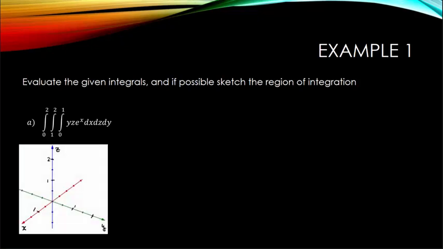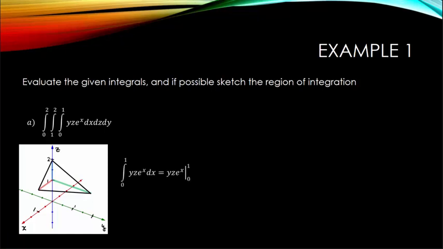I'm going to set up my coordinate axes with the points x equals 1, y equals 1, and z equals 1 and 2 marked on the axes, and then I'm going to plot a line from z equals 1 to 2 along the z-axis, and then from the bottom of that I'm going to plot a line from x equals 0 to 1, and then a line for y equals 0 to 2, and then I'm going to construct a triangular plane that intersects those 3 points. This gives me a better idea of my region of integration.